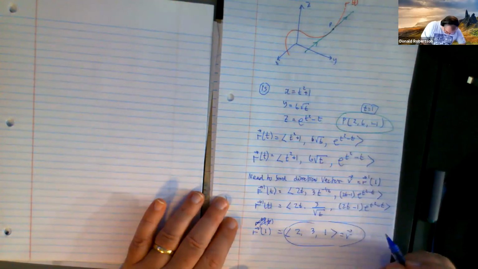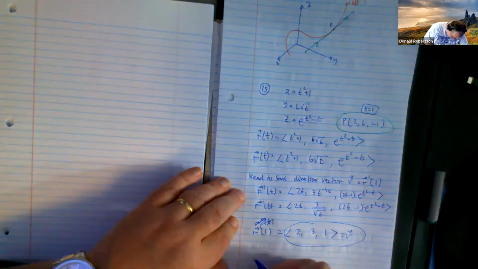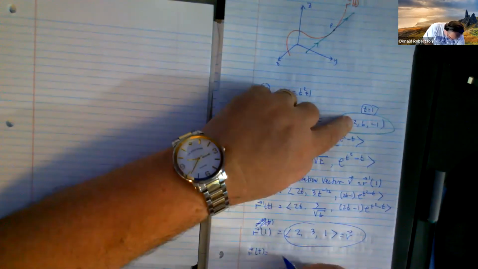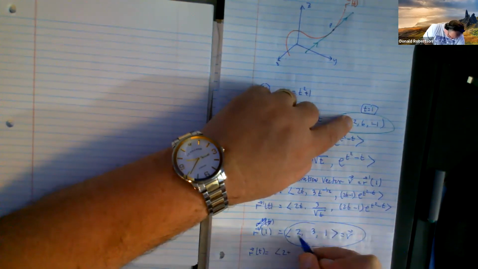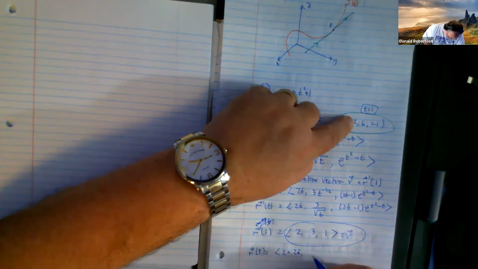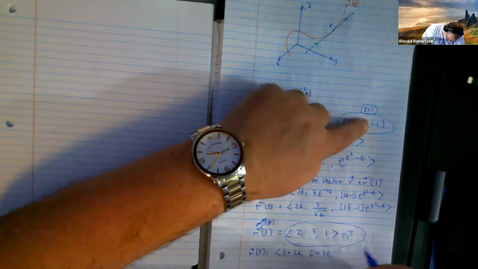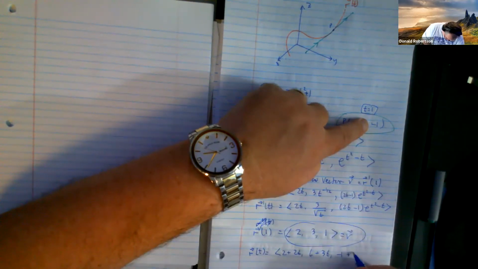Now I want to get the equation of the line. If I do it in vector notation, it's going to be 2 plus 2t, then 6 plus 3t, then -1 add a t.